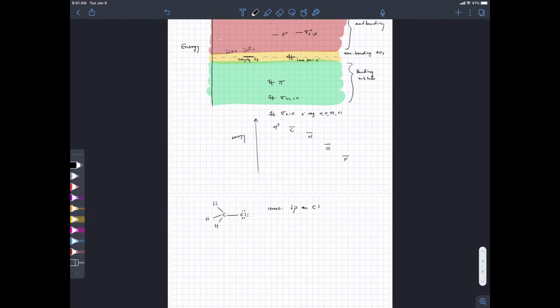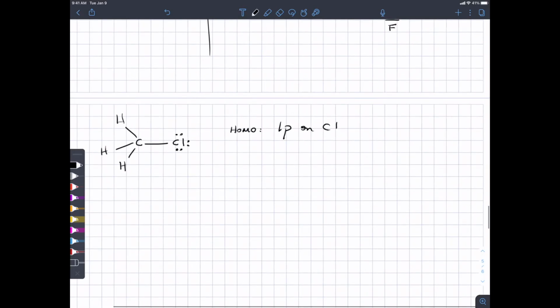The carbon-chlorine sigma star. The reason is that chlorine is more electronegative than carbon, so orbitals involving chlorine are lower in energy than orbitals involving carbon. That pulls the carbon-chlorine sigma star down in energy and makes it our LUMO.